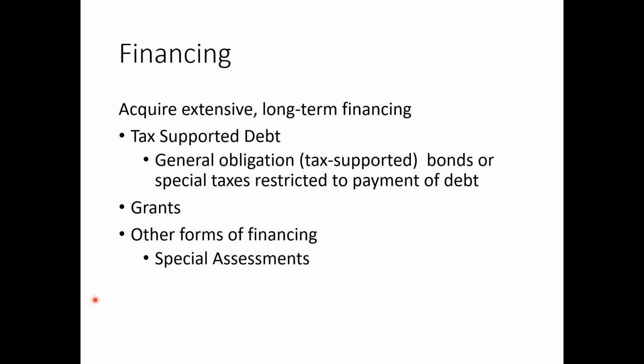Next, let's talk about financing. As you can see, we have two sources. Generally speaking, for a government project, we have tax-supported debt, grants, and other forms of financing. For tax-supported debt, most likely it's a general obligation bond, which is tax-supported.